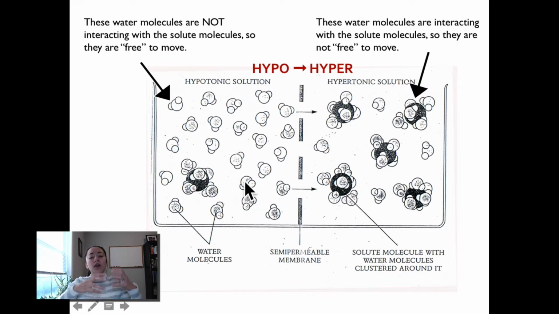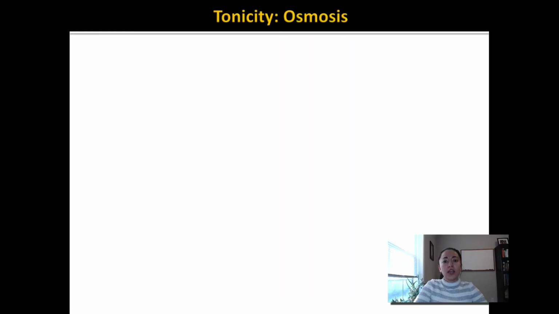So there's more water molecules that are capable of moving. So these water molecules are more likely to move to the other side. Whereas in this hypertonic solution, where there's a lot of solute, notice there's not very many free water molecules. So there's less water available to move to the other side. So that is why water will typically leave a hypotonic solution.